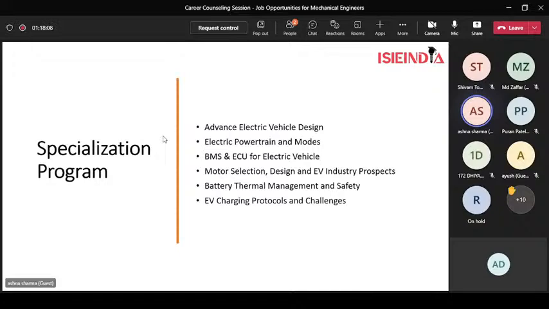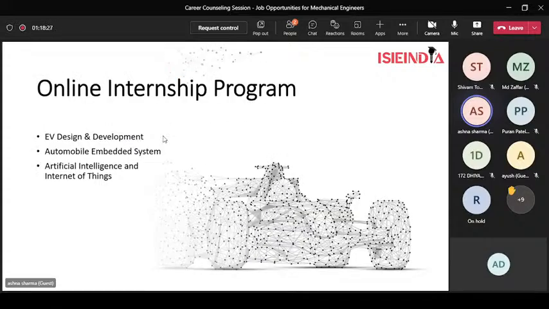The Specialization Program is categorized into advanced electric vehicle design, electric powertrain and motors, BMS and ECU for electric vehicles, motor selection, design and EV industry prospects, battery thermal management and safety, EV charging protocols and challenges. There are also online internship programs: EV design and development, automobile embedded systems, artificial intelligence, Internet of Things.